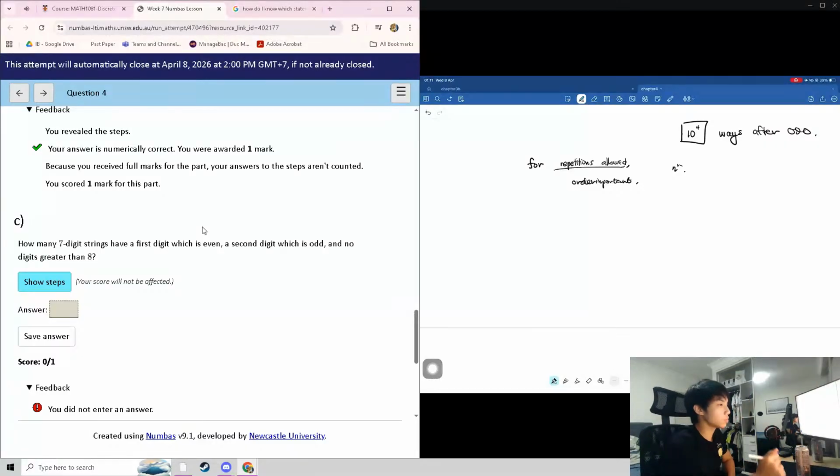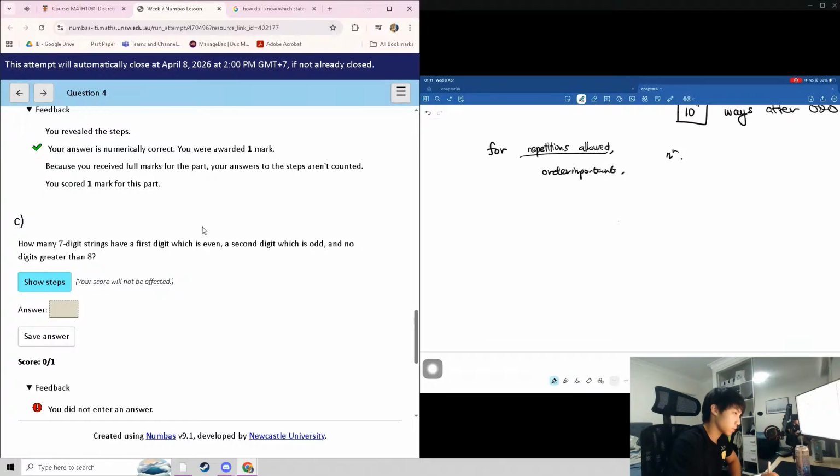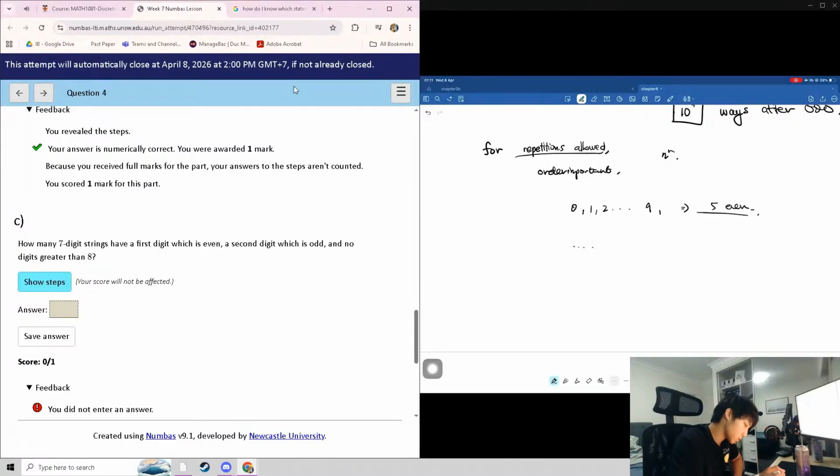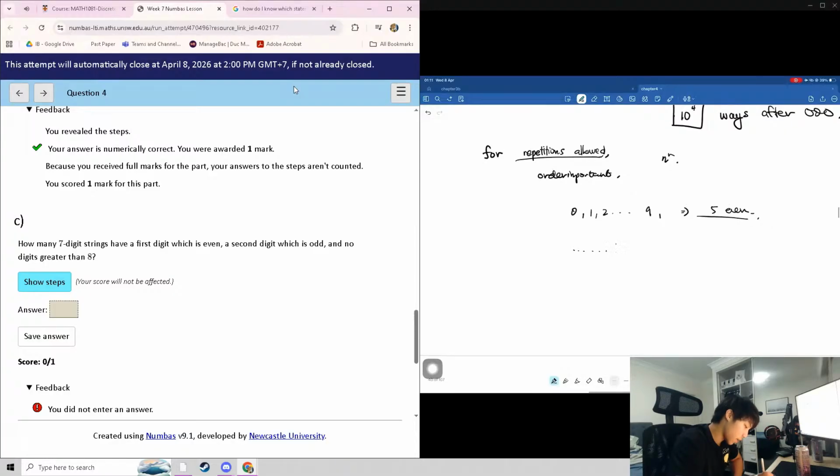So we're going to choose the first one as an even, right? If it's 0 to 9, we have 0 is even, 2 is even, 0, 2, 4, 6, 8. So 5 even. So the first one, I choose 5 ways to choose an even number.